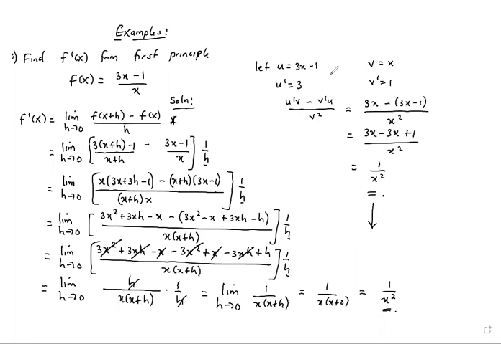Every time you're given a function f, you're asked to use first principle, you get to the formula. This is the formula. Substitute. What we mean by f of x plus h? Where there's x here, take x plus h, f of x, copy the way it is. So we have here over h. And then these are fractions. If I'm doing fractions, the first thing to do is to combine them. So I get the common denominator.